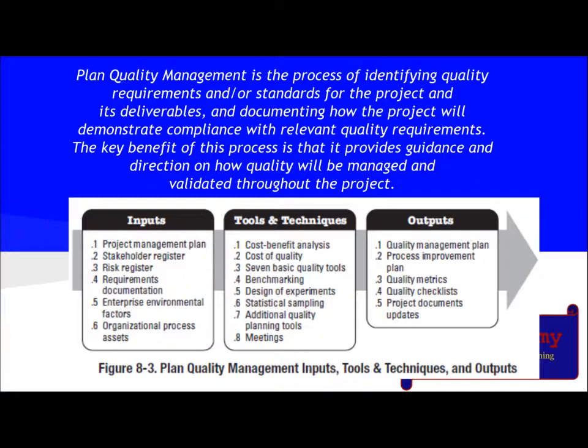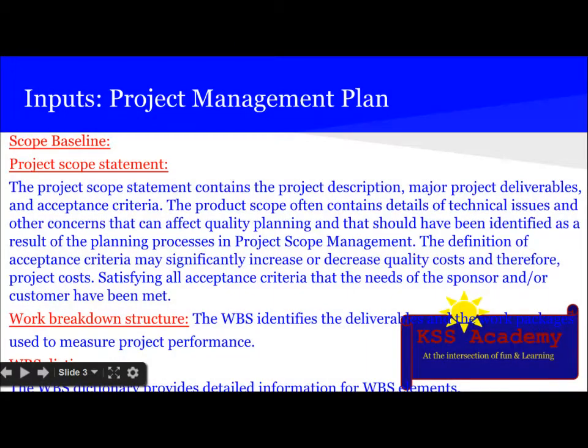The tools and techniques used are cost-benefit analysis, cost of quality, 7 basic quality tools, benchmarking, design of experiments, statistical sampling, additional quality planning tools, and meetings. The outputs are quality management plan, process improvement plan, quality metrics, quality checklists, and project document updates. So let's learn about the inputs.